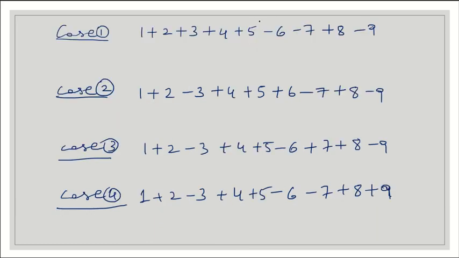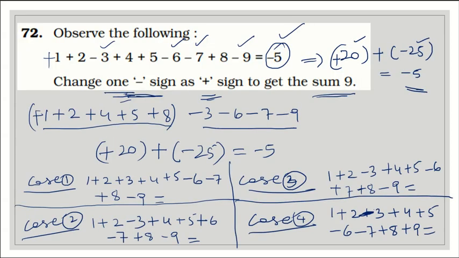So without much calculation, I have plus 23 minus 22 added, which gives me the sum. Here is how I thought, as I explained: when 3 becomes positive in case 1, this plus 20 gets an increment of 3, and this negative 25 gets a decrement of 3.